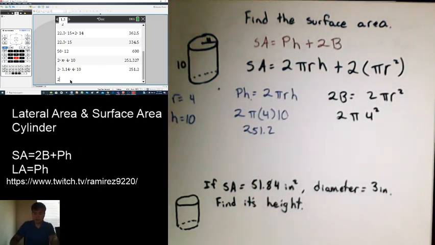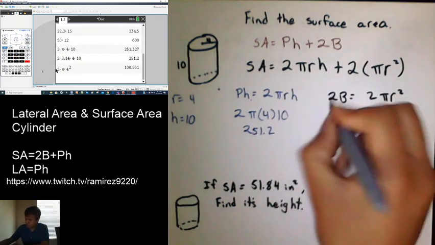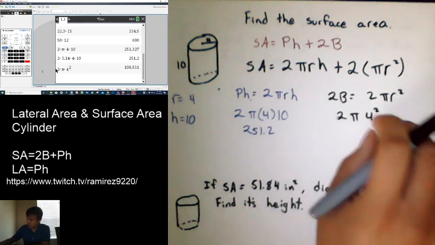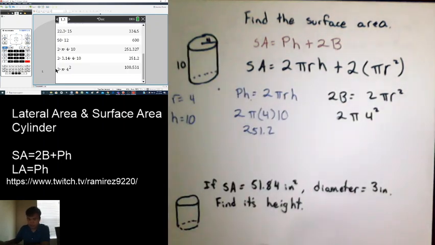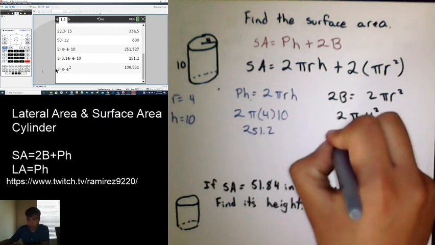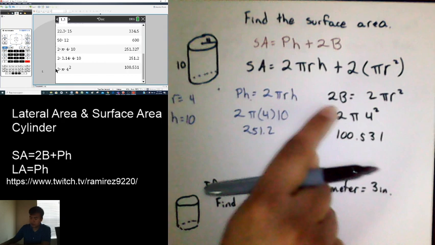So just be careful. Make sure you identify your radius correctly. And so the area of these 2 bases together, when I add them up, I get 100.531.